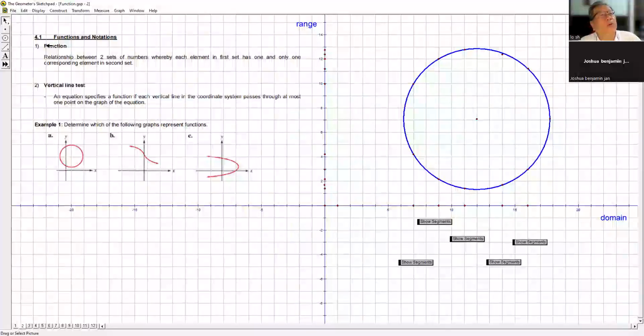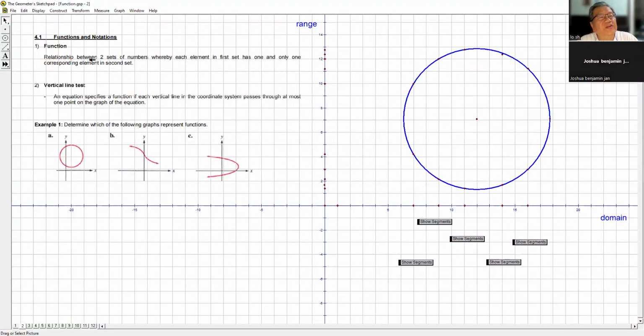I read to you the first note. Function is a relationship between two sets of numbers whereby each element in the first set has one and only one corresponding element in the second set.